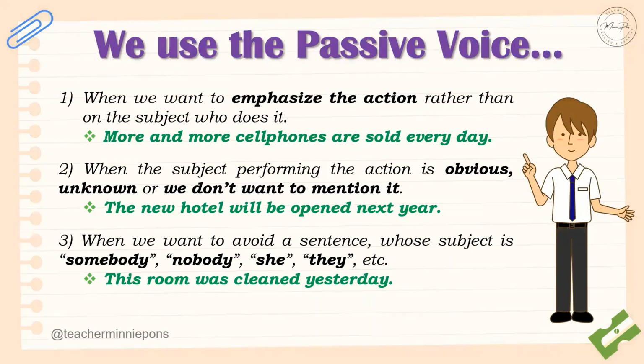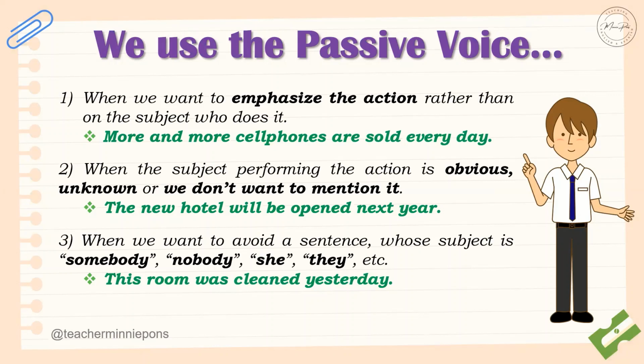When we use the passive voice, the first use is like the definition, when we want to emphasize the action rather than the subject who does it. For example, more and more cell phones are sold every day. The second use is when the subject performing the action is obvious, unknown, or we don't want to mention it.